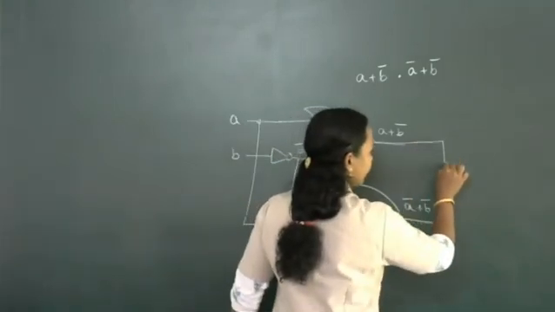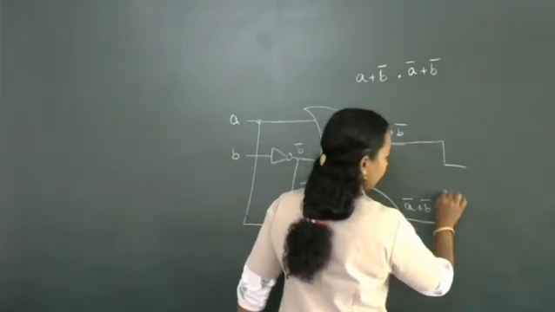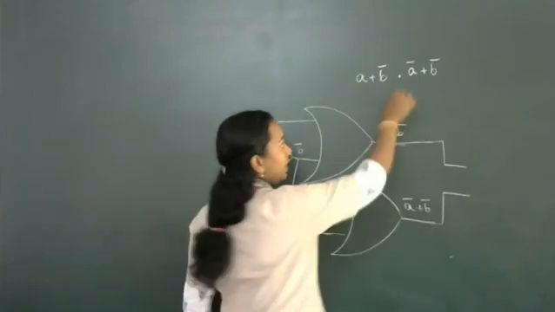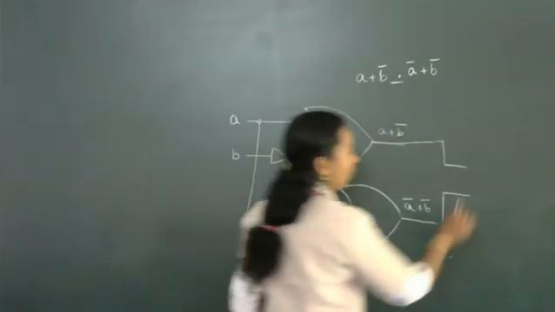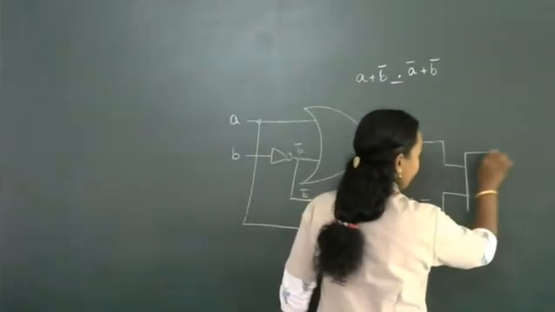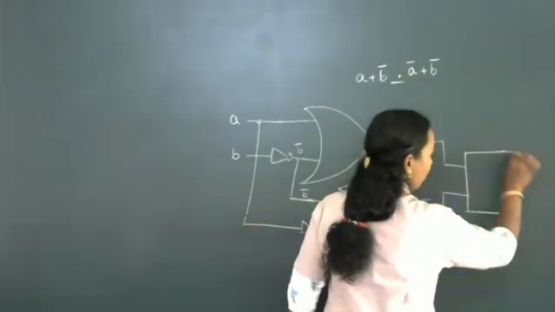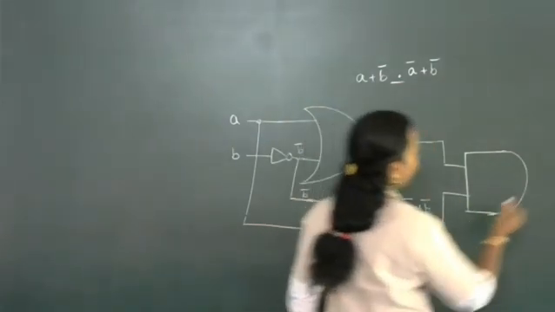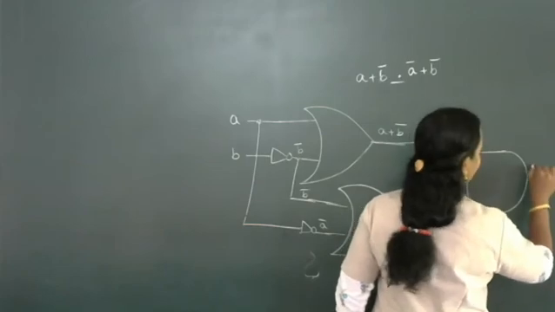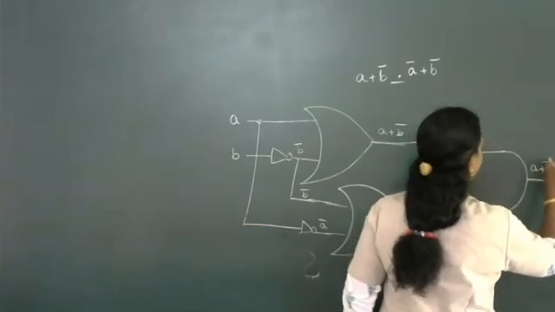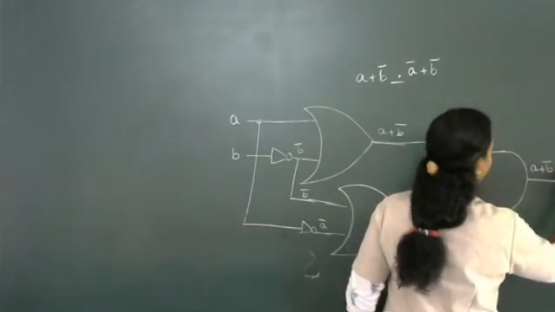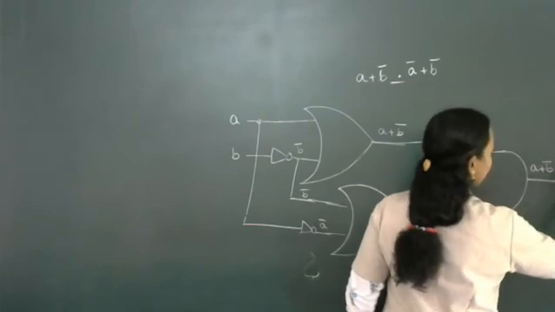Then, what is the final operation? AND operation. After the AND operation, what will be the final expression? A plus B complement dot A complement plus B complement.